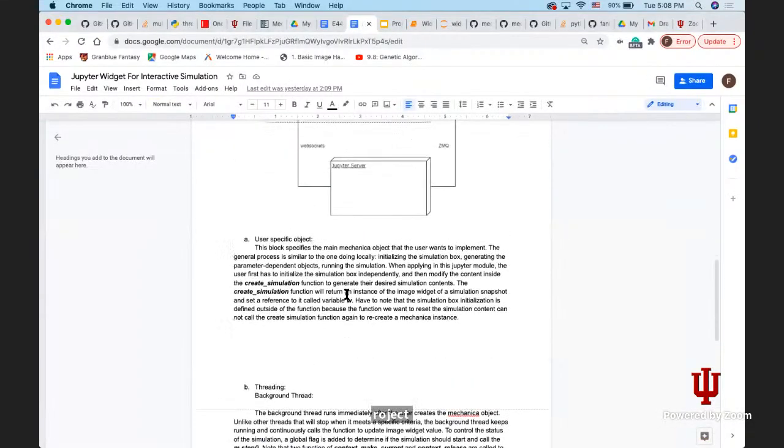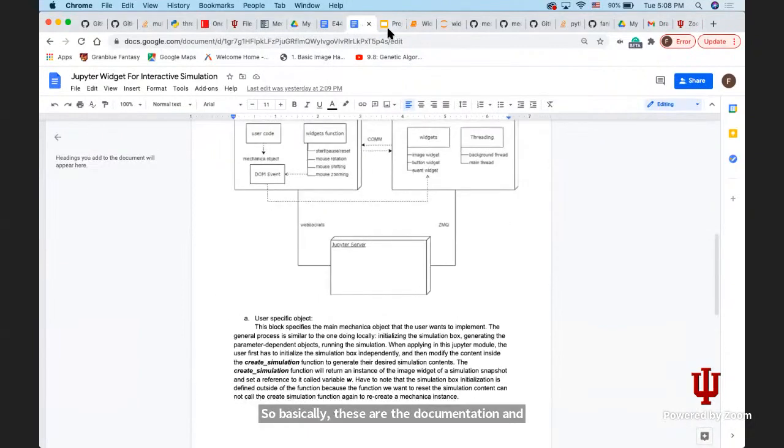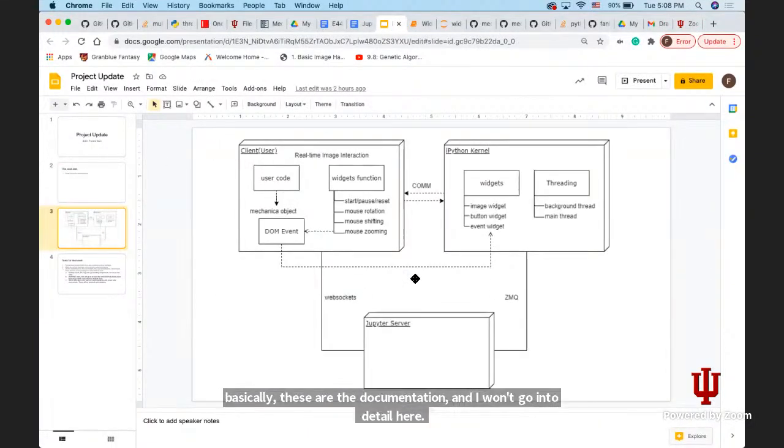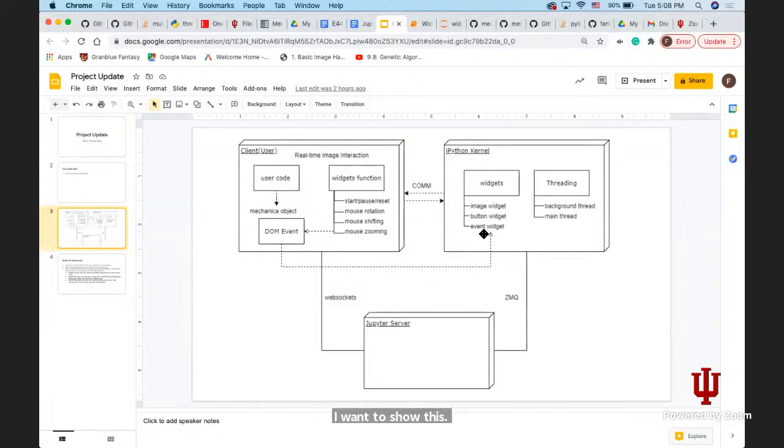Basically, these are the documentation, and I won't go into detail here. I only show this feature diagram.